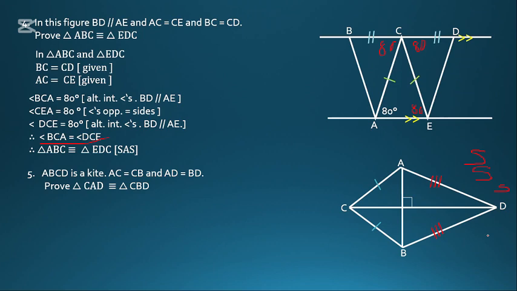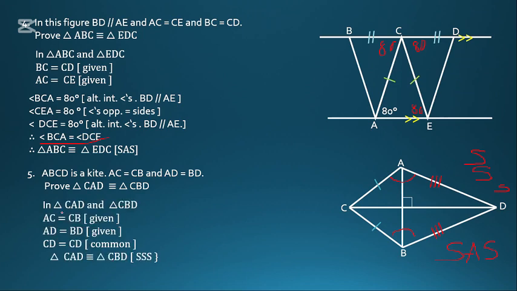But if you remember still the properties of the kite, then you will also know that the two angles opposite the long diagonal, they are equal. This two here. So it can also be side angle side. You can use any one of these two. I used side, side, side.